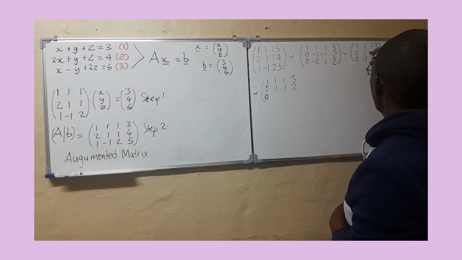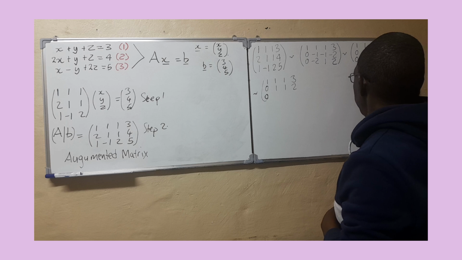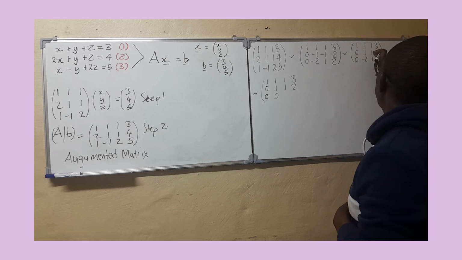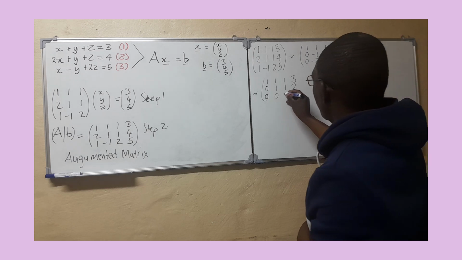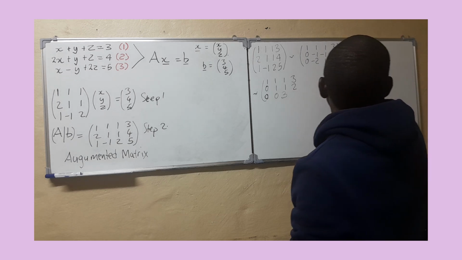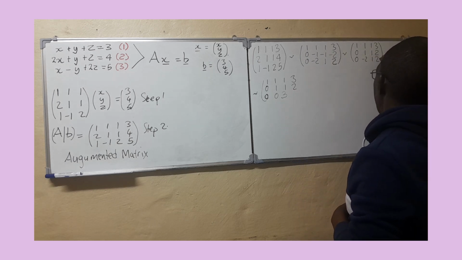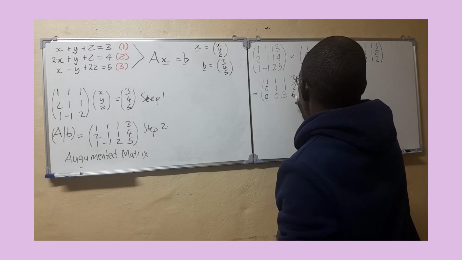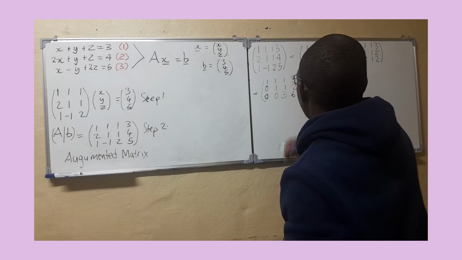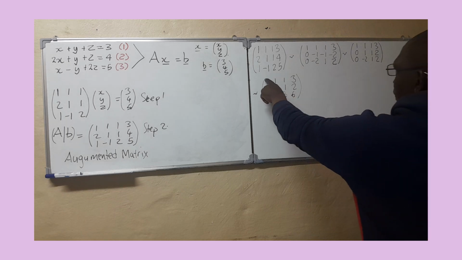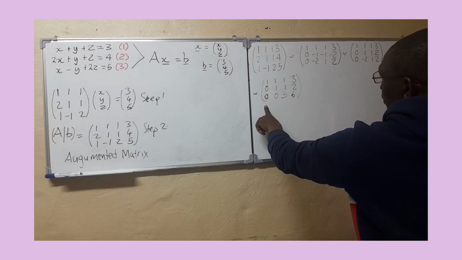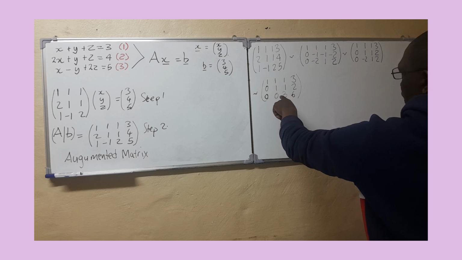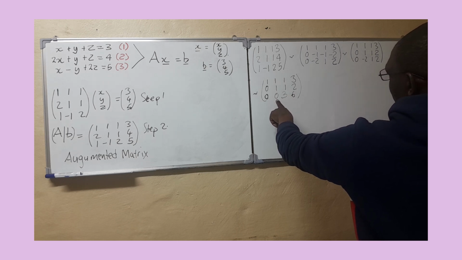So 2 here minus 2, that gives me a 0. 2 here plus 1, that gives me a 3. 4 here plus 2, that gives me a 6. So I now have that. I have a leading one there with everything below it equal to 0. I have a leading one here. Everything below it is equal to 0.